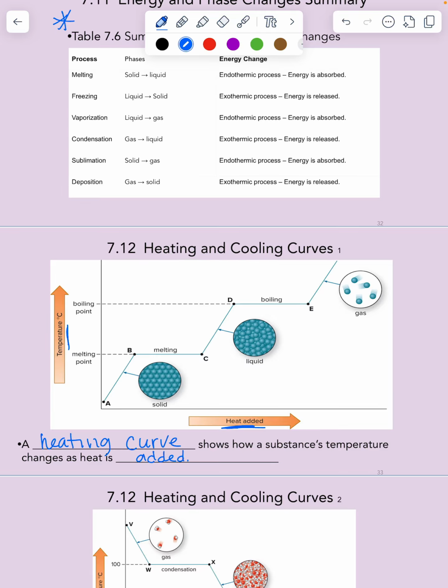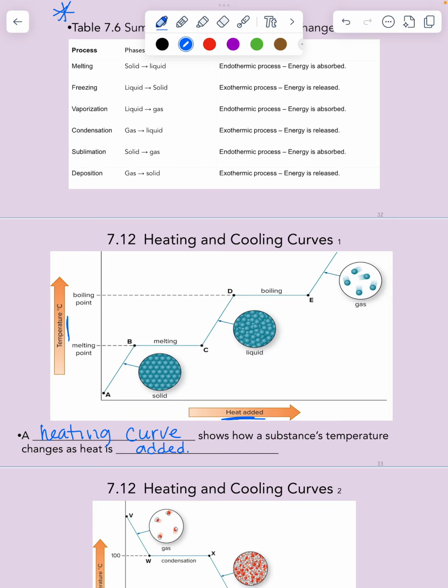So from A to B, from C to D, and from E to F, you would use the MCAT equation to calculate the amount of energy needed to make that change. Now when the temperature is not increasing, you can't use MCAT because there's no change in temperature.